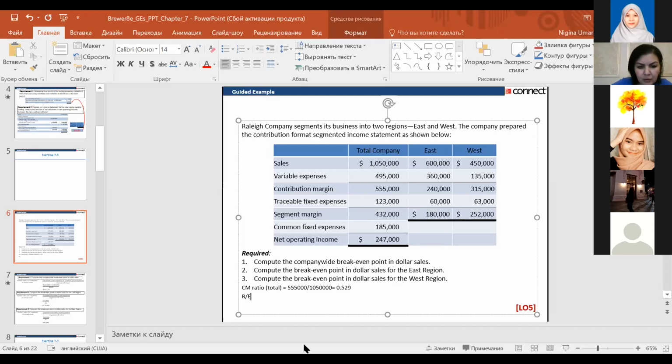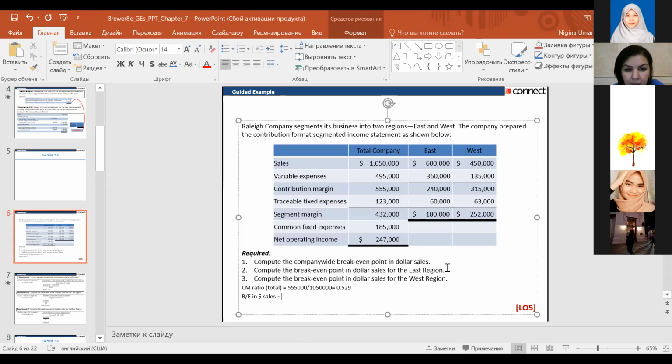Break-even in dollar sales for the entire company. Okay, so what is the total fixed cost for the company? 185,000.